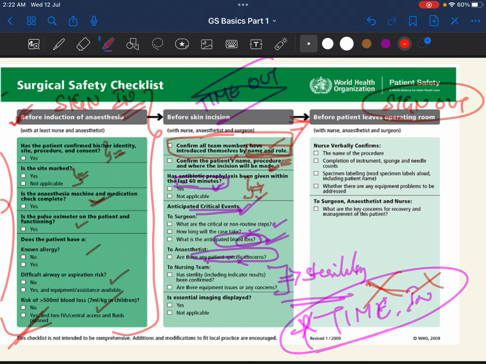During sign out, you should always confirm with the nurse verbally whether they have checked the mop counts, and confirmed the procedure and specimen labeling and all these things. And this sign out should be done before shifting the patient out of OT.